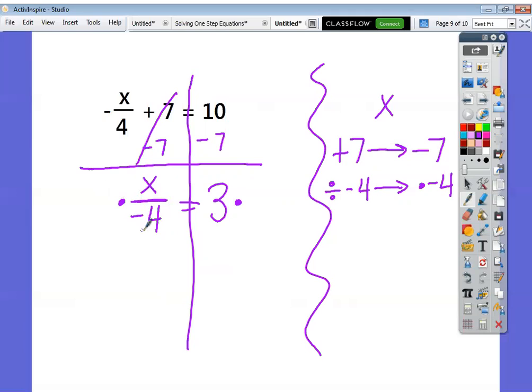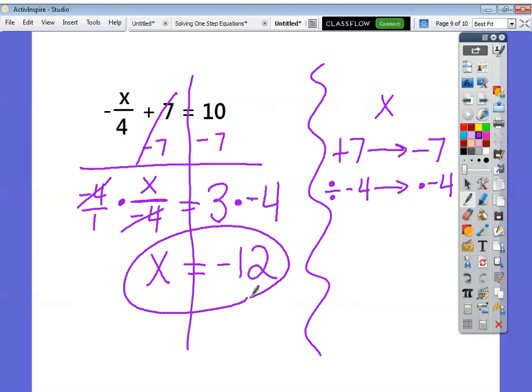The number I want to cancel out is a -4, so I'm going to multiply by a -4, because a negative times a negative is a positive. These cancel out, leaving me with x. 3 times 4 is 12. Positive times negative is a negative.